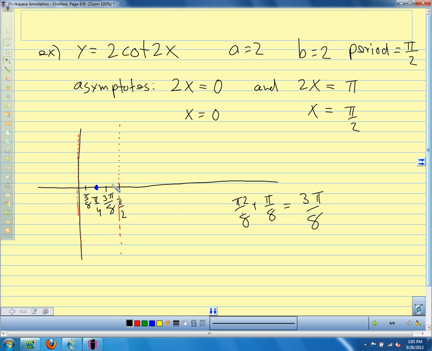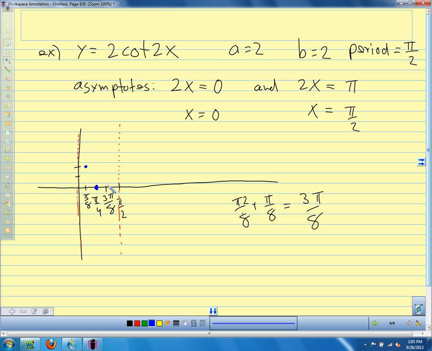And this is how we're going to figure out if my graph goes up or down. So we're going to plug x equals pi over 8 into my function. The cotangent of 2 times pi over 8. We're looking at the cotangent of pi over 4. And from our unit circle, we would see that the cotangent of pi over 4 is 1. And we multiply by 2. So we're up here at y equals 2.